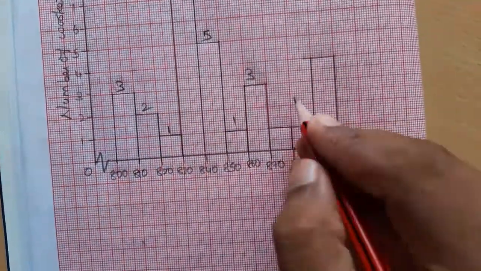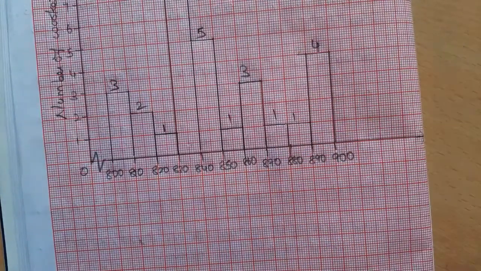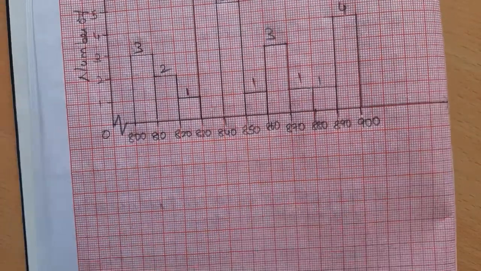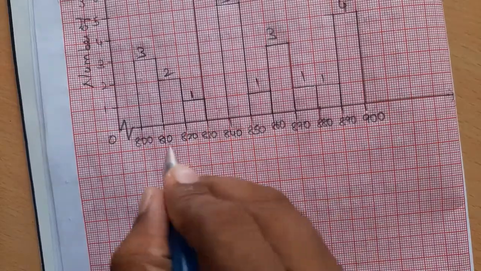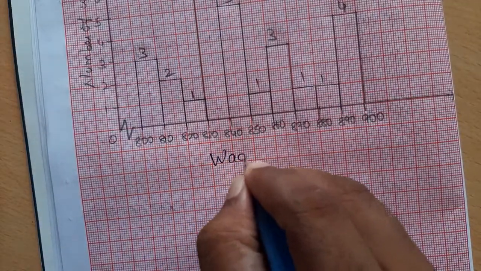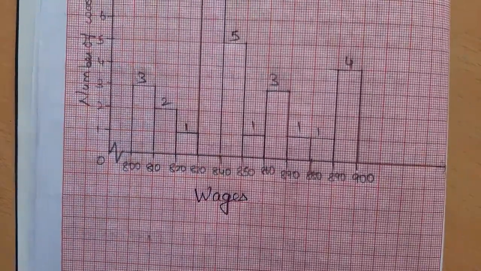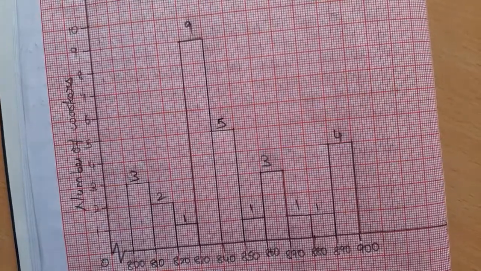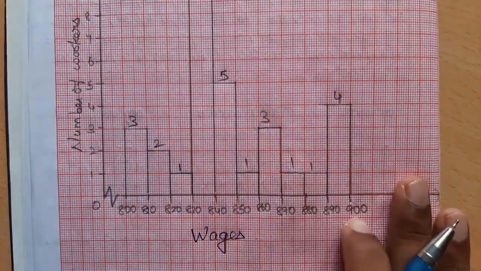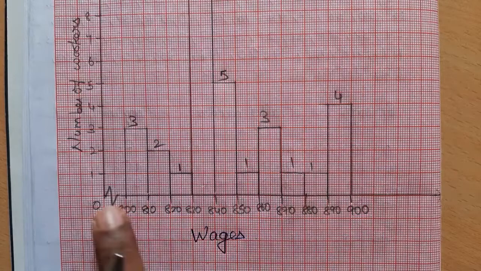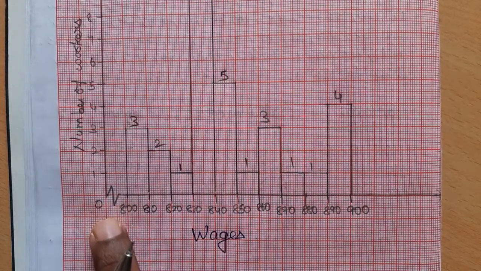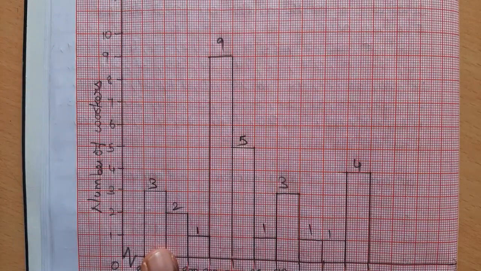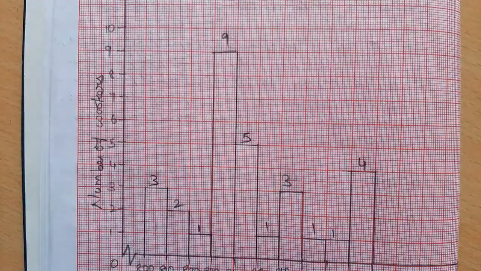Clear? It's a 1, it's a 1, and it is a 4. So here this is the wages. Now this is a histogram. There's no gap, and here are continuous numbers. If you are not showing from the 0, we can write broken lines, and this shows the number of workers. That's the frequency.